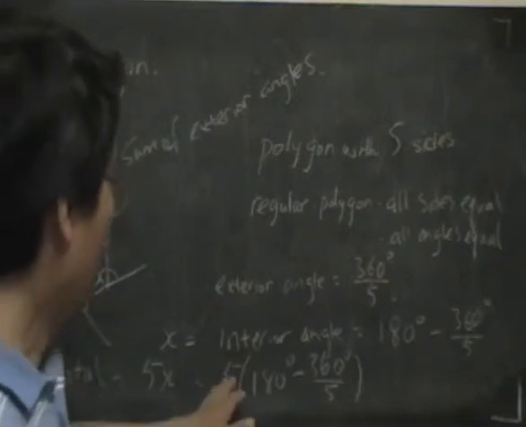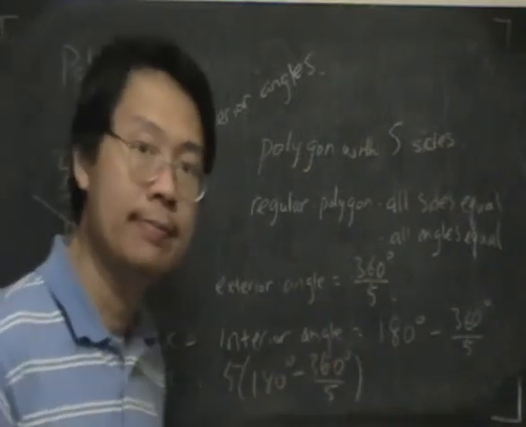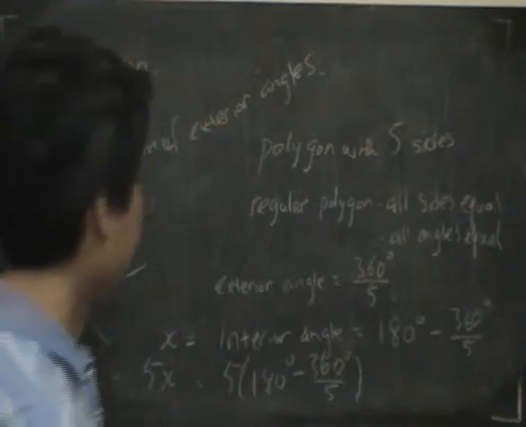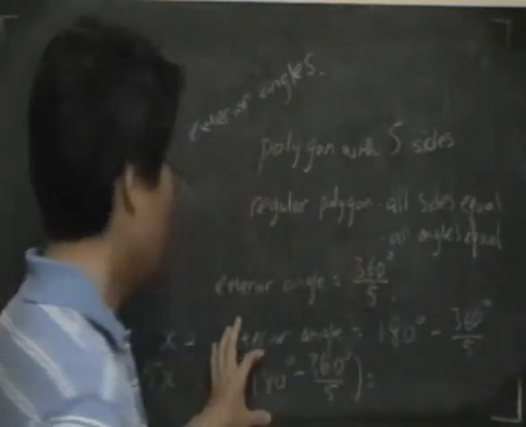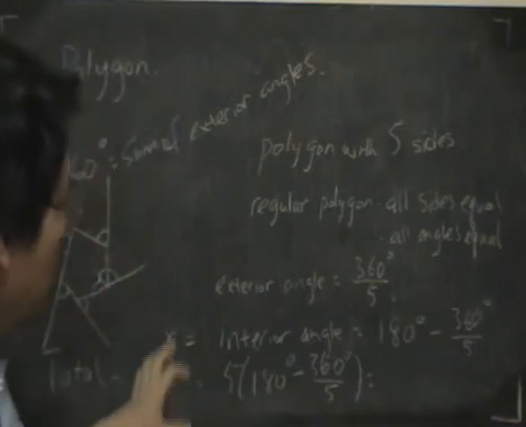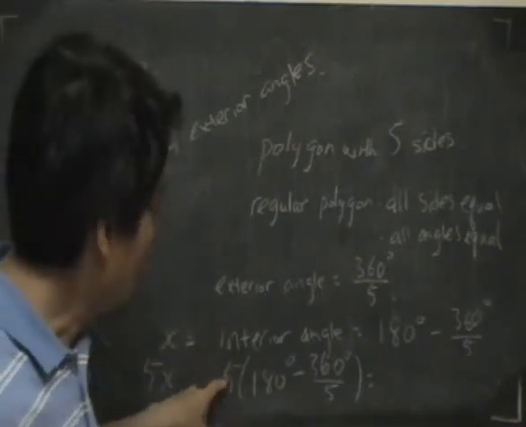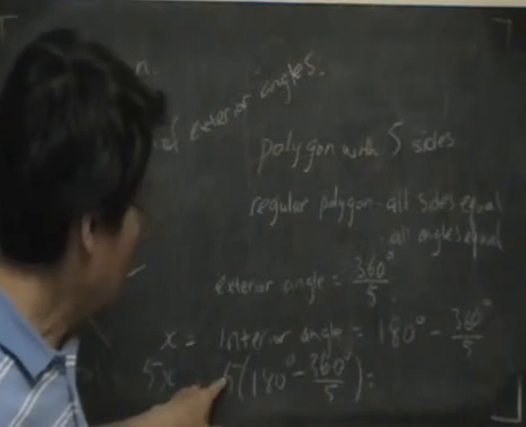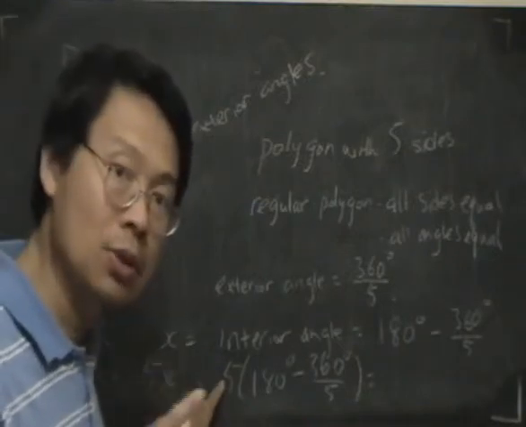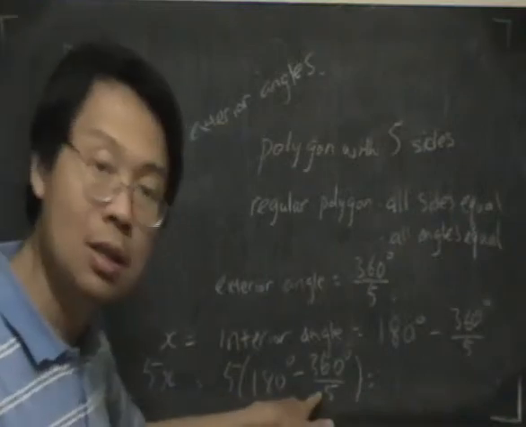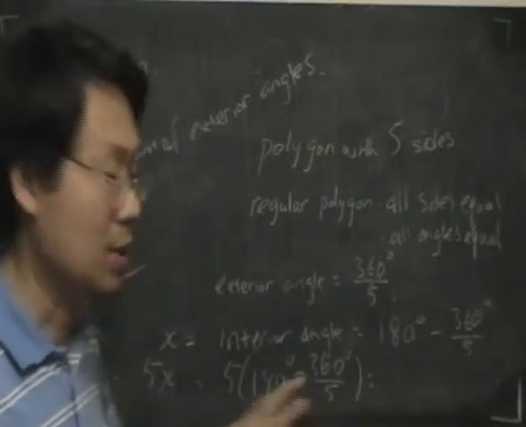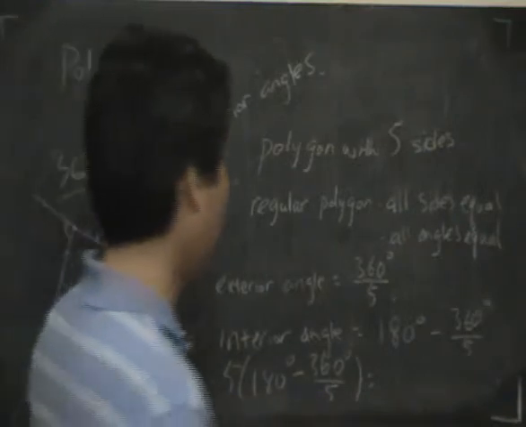Okay, 5 times this. I'm just going to remove the brackets. Remember how to remove brackets? We must multiply the factor or the number outside the bracket by each term inside the bracket. That's what we do when we remove the bracket.